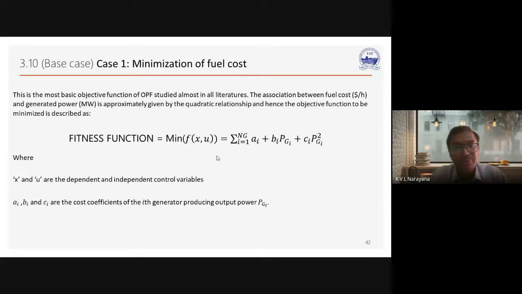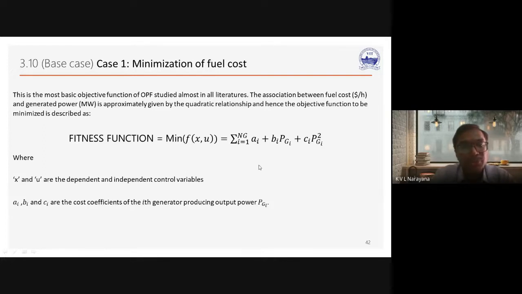Now, this is already given in the research paper: the relationship between the fuel cost and the generated power. Basically, we have to find out what parameters the fuel cost depends on. The fuel to be consumed by the IEEE 30 bus system for the generation of power depends on the power generated by the generators.